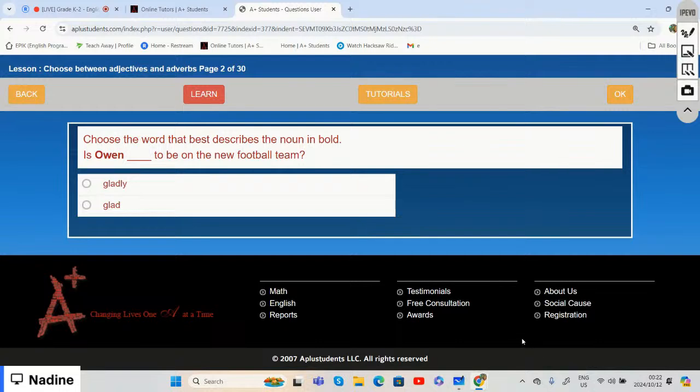The next one says, is Owen gladly to be on the new football team, or do we say, is Owen glad to be on the new football team? Which one is correct? Gladly, option one, or glad, option two?